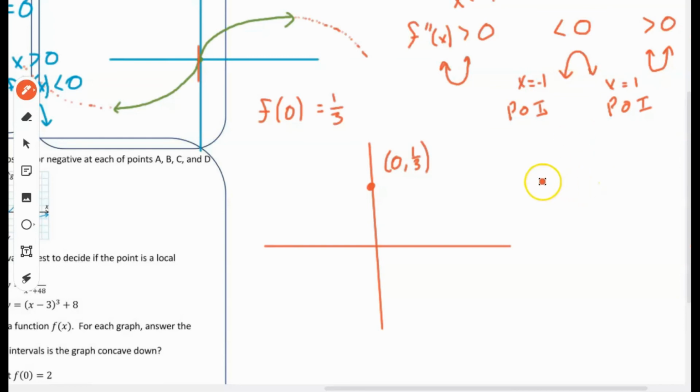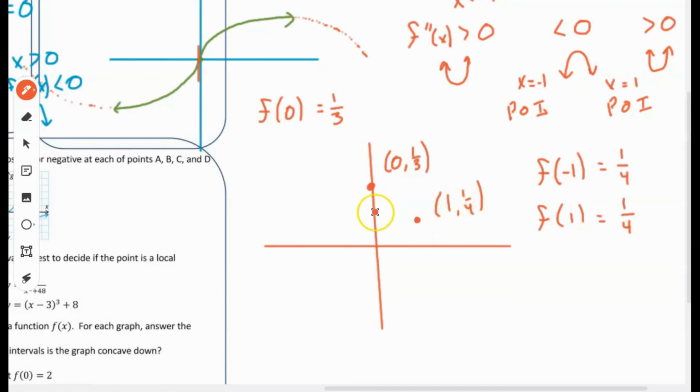And then we have these other points. So what's the function when x is -1? And what's the function when x is 1? So if we plug that into our function, we get a quarter for both values. So we have something over here, which would be 1, 1/4.